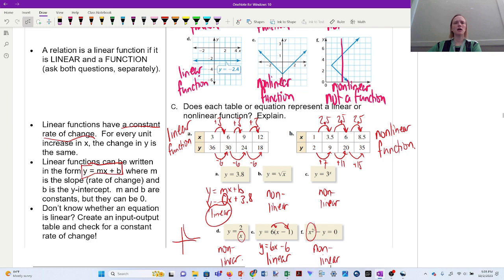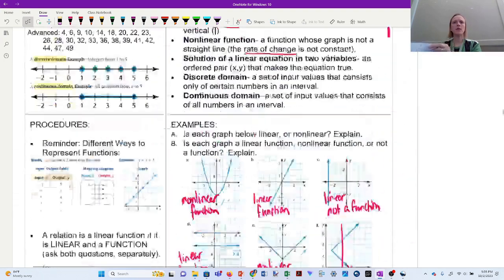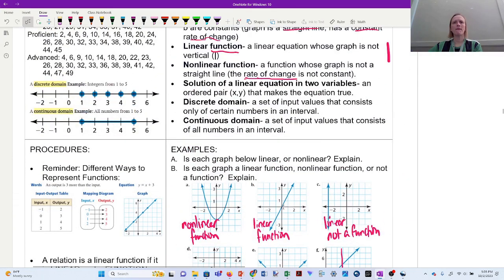Let's look at some real world examples here. But before we look at real world examples, I'm going to be talking about discrete domains and continuous domains.